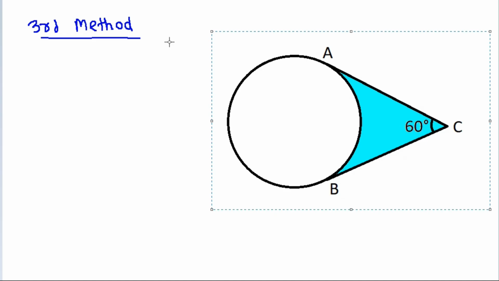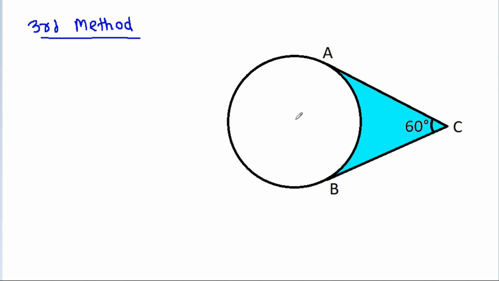And third method. Center is O and radius is 5, and these angles are 90 degrees.